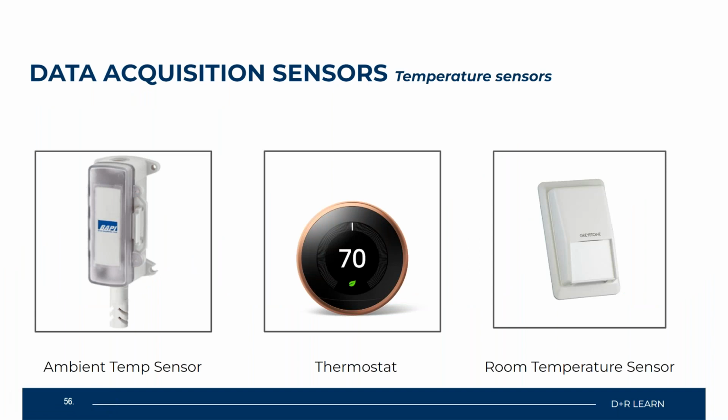On screen, we can see a few different types of data acquisition sensors as far as temperature sensors are concerned. If we want to capture temperature values, we're going to use some of the items on our screen today. Starting towards the left-hand side, you're going to see what's called an ambient temperature sensor.